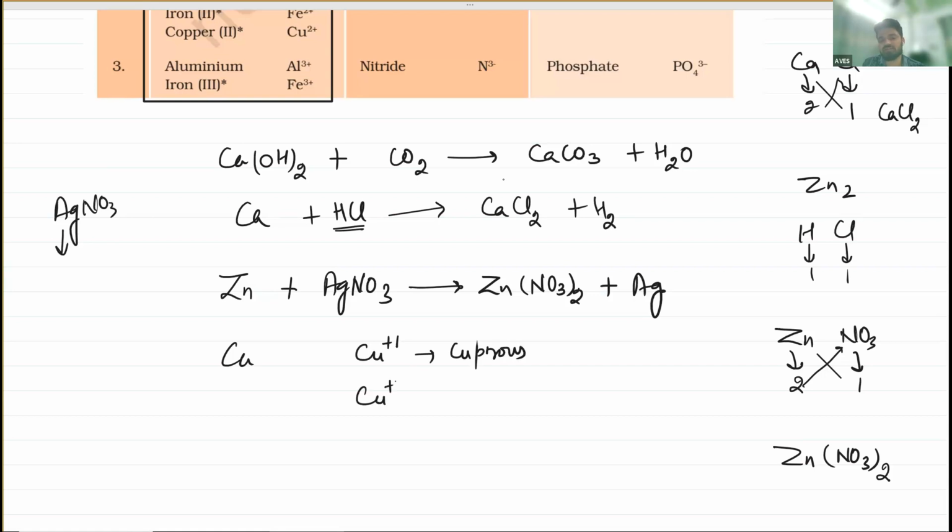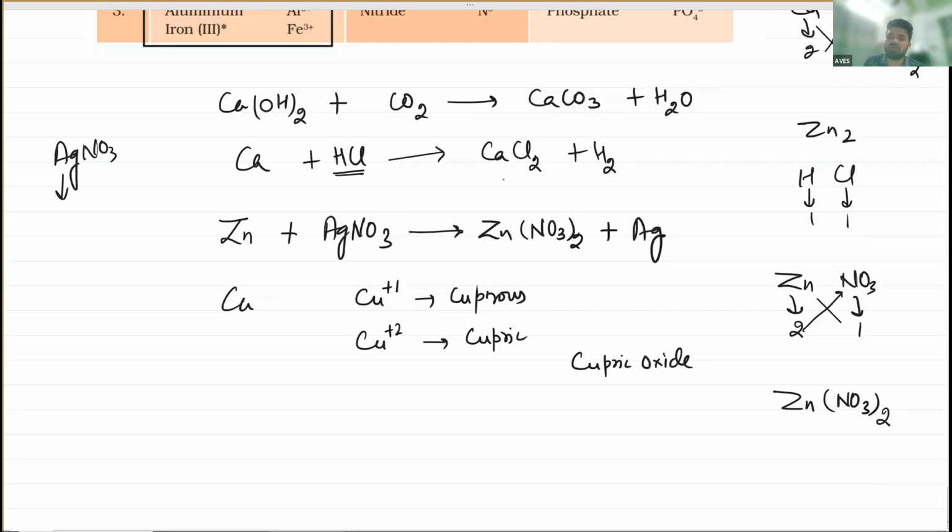When it has +2, its name is cupric. We call it cupric, like cupric oxide. If I am going to write the formula of cupric oxide, we have to take the valency of copper as 2, and oxygen also has 2, so they cancel each other out. You will get CuO. The formula is CuO.